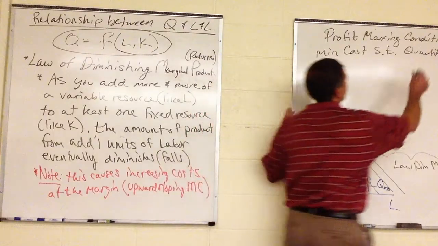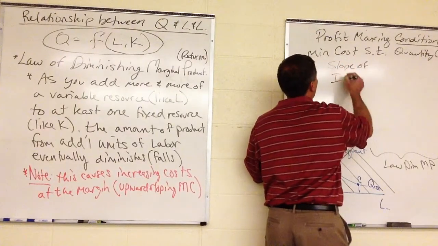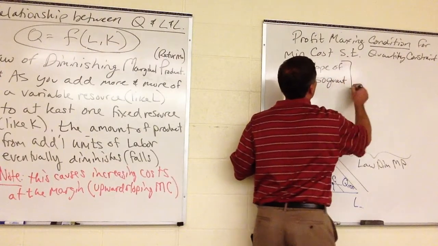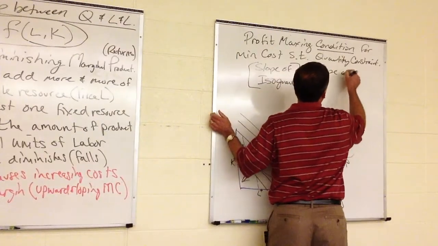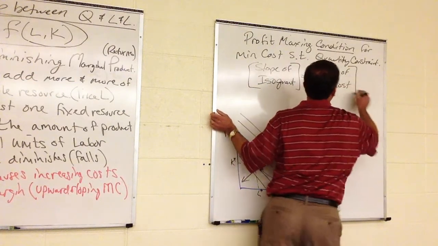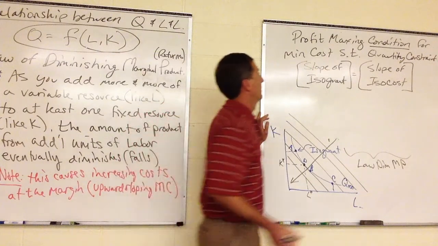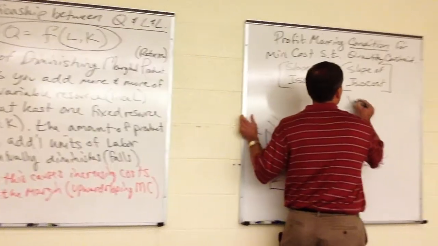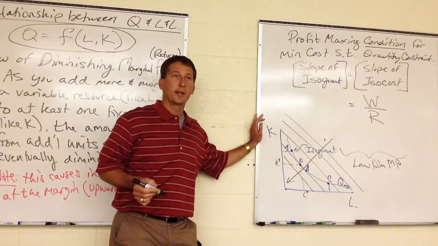The condition that must hold is that the slope of the isoquant must be equal to the slope of the iso cost. The slope of the iso cost curve was the wage rate and the rental rate.